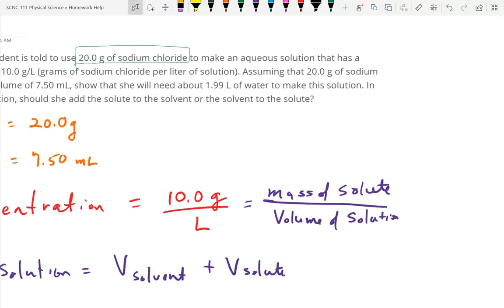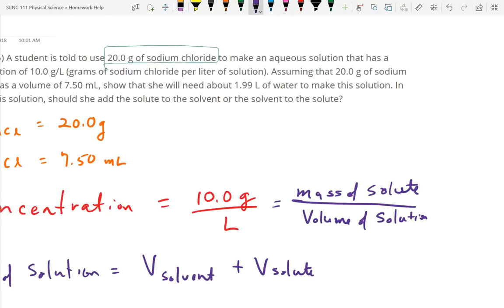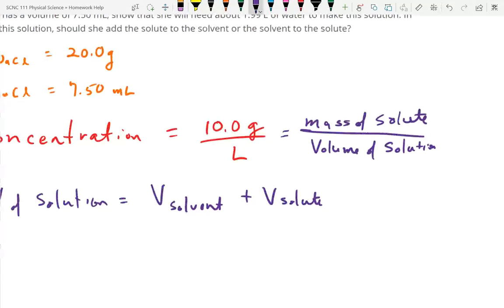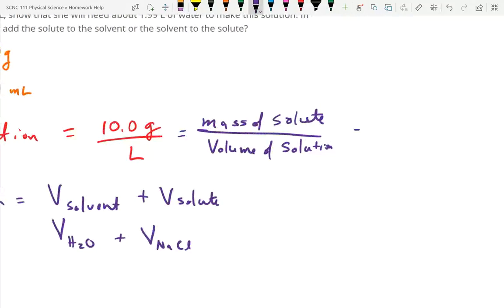So I just plug that in, and I'm going to make my life easier, the solvent is water, so I'm going to put VH2O, and the solute is sodium chloride, so I'm going to use those subscripts. So the concentration is the mass of NaCl divided by the volume of H2O plus volume of NaCl.